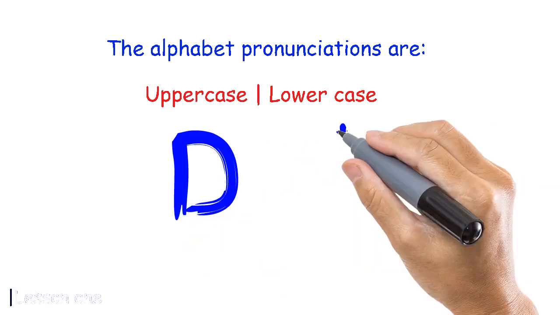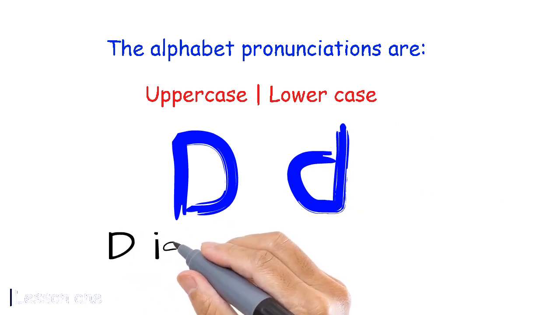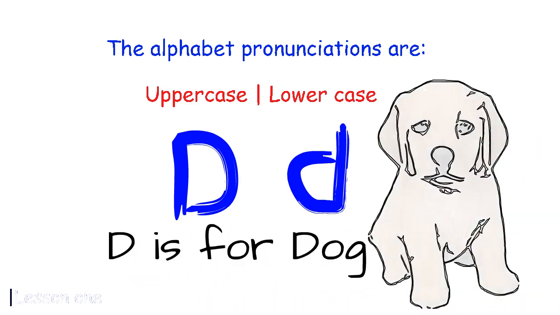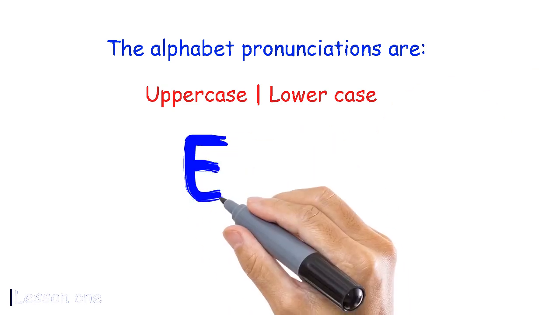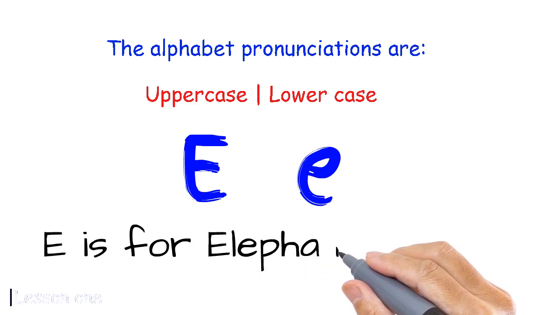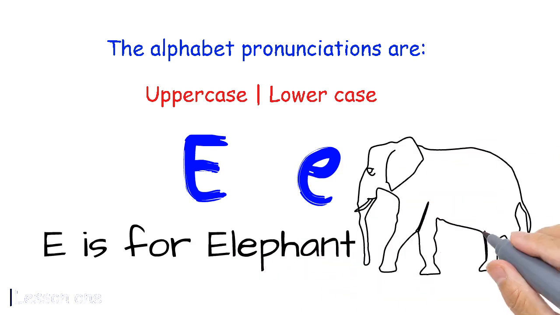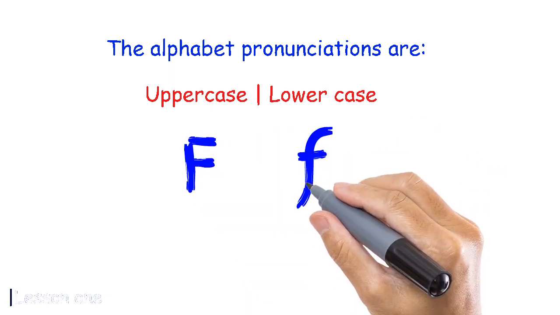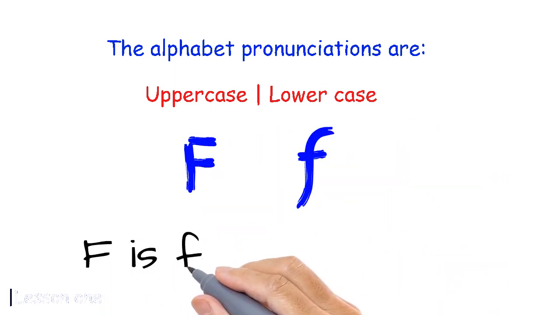D is for dog. E is for elephant. F is for fork.